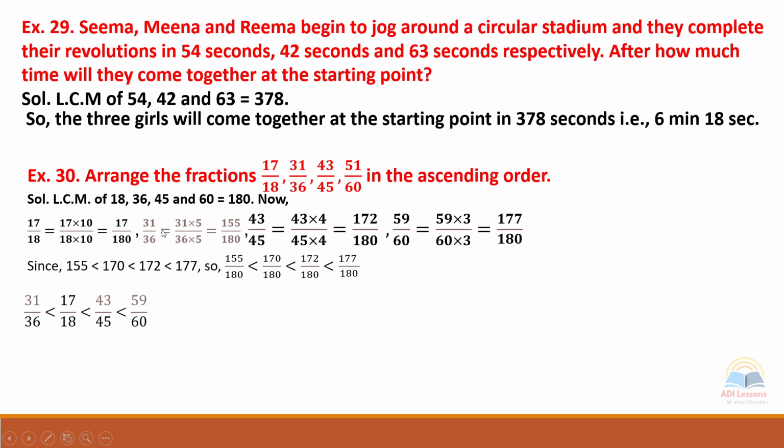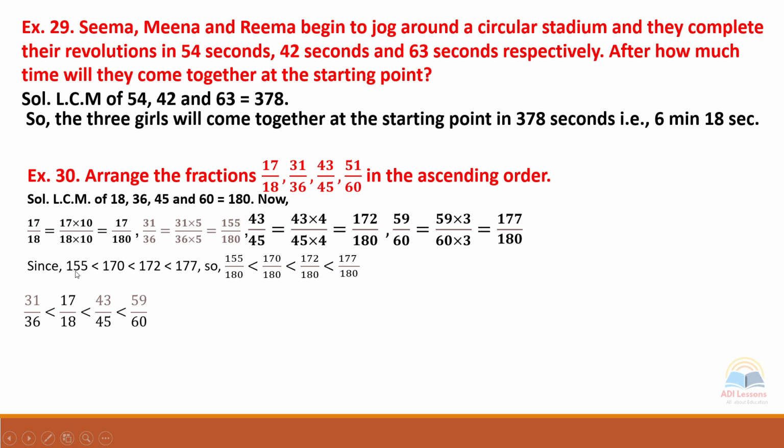And 31 by 36 equals 31 into 5 by 36 into 5. It becomes 155 by 180. Next 43 by 45 equals 43 into 4 by 45 into 4. It becomes 172 by 180. And 59 by 60 equals 59 into 3 by 60 into 3. It becomes 177 by 180.